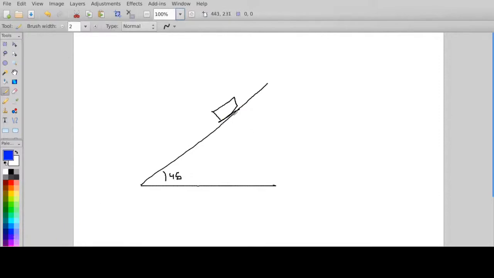And we've got forces on it. We've got the force of gravity, but right away I'm going to draw that force of gravity as mg cosine theta, like this, and mg sine theta. And you ask yourself, is that all the forces?